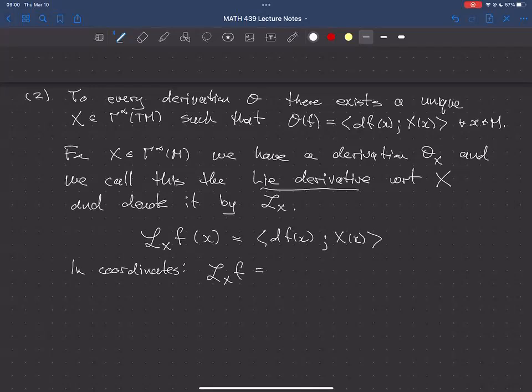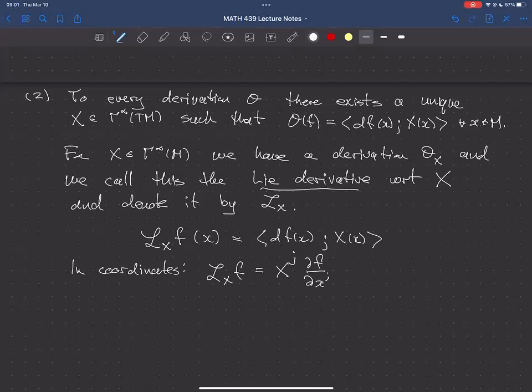It's pretty obviously just going to be the component vector of partial derivatives of f applied to the components of x. So in other words, using summation convention, x^j df/dx^j. Does that look familiar to you from vector calculus?